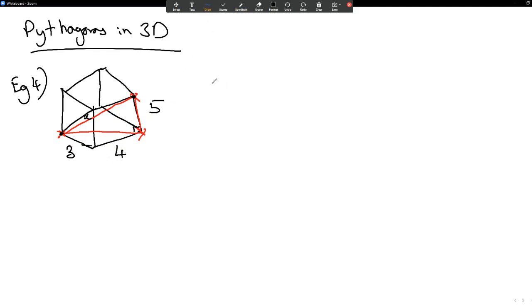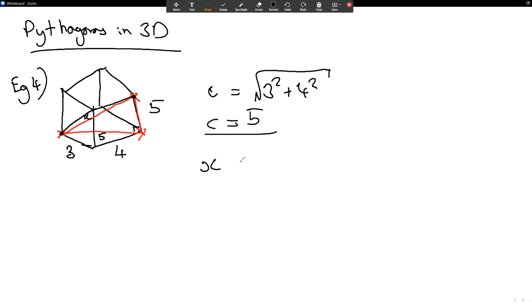So that'll just be c, let's use the other version, which is the square root of 3 squared plus 4 squared. In the previous question, we already worked out this was 5. So we know that this is 5 here. And now, since we know one of these lengths and one of these lengths, we can actually find x. So we just do the same thing. We say x is the square root of 5 squared plus 5 squared.